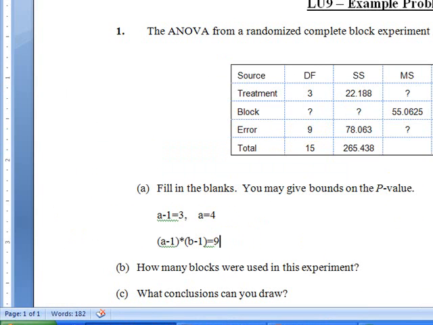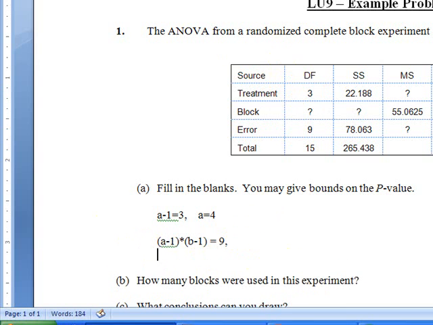And we know that a minus 1 is equal to 3. So 3 multiplied by b minus 1 is equal to 9, right?